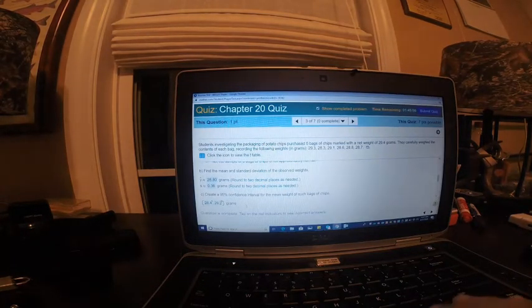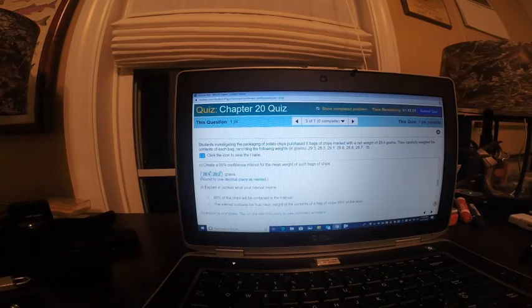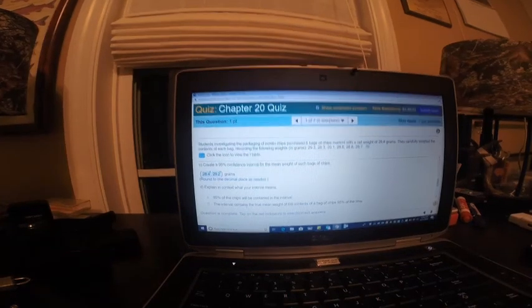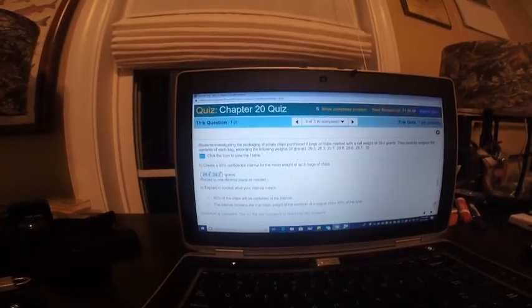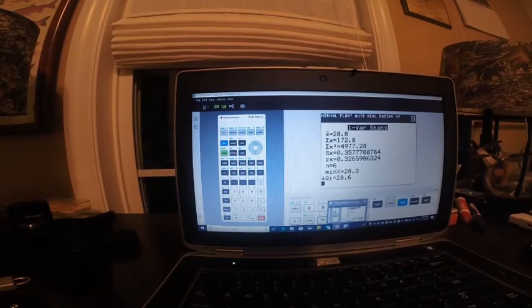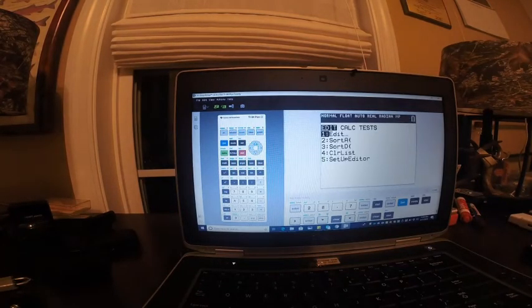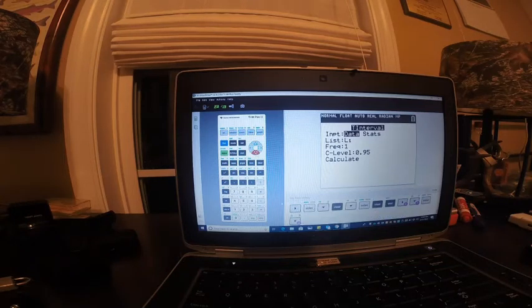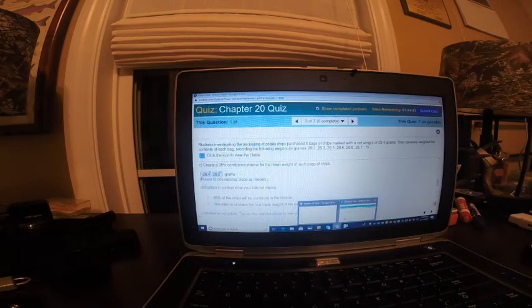Alright, now we need to create a 95% confidence interval for the mean weight of such bags of chips. Okay, oops, sorry for shaking the camera. Alright, so what we're going to do here, we've got it typed in. I'm going to go stat test, and I'm going to do the t interval here. I'm going to pull in the data, right? I'm going to double check. I'm pretty sure we want to be 95% confident, but let's make sure.